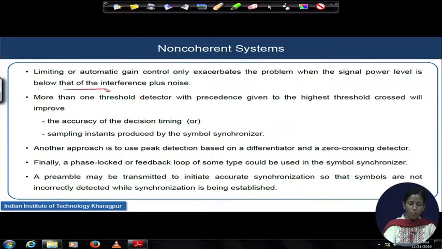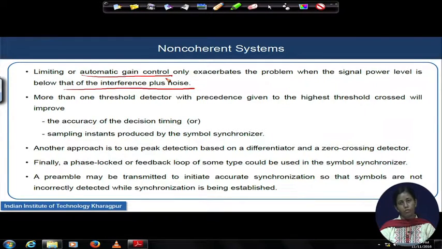But the problem is that controlling the automatic gain control may again lead to a false lock, when the signal power level is below the interference plus noise level. So it is also not good to resolve it by controlling the automatic gain control voltage.